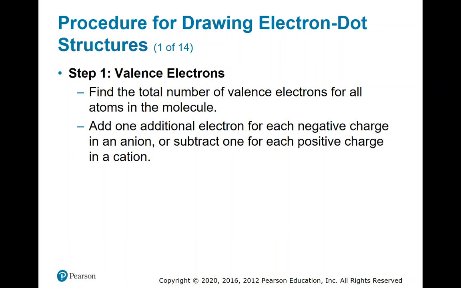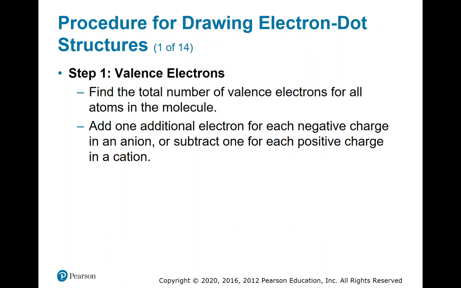And step 1 for drawing any electron dot structure is always going to be to figure out how many valence electrons you have. So remember when we talked about drawing the structures for, say, hydrogen H2 or fluorine F2 or nitrogen or oxygen, N2 or O2 respectively, we had to count up not the total number of electrons in each of those atoms, but just the valence electrons, because those are the only ones that are involved in bonding.